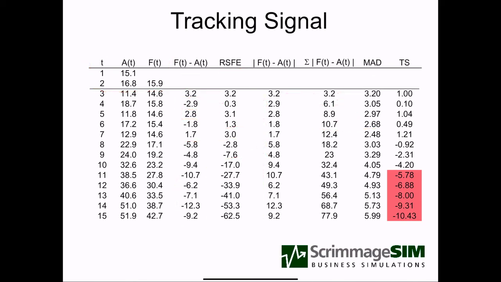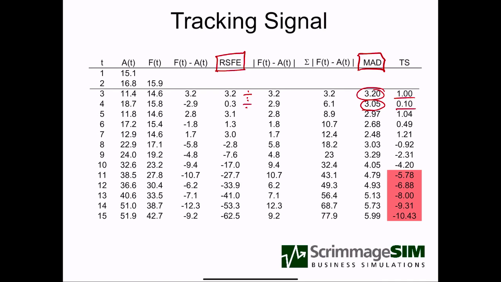The tracking signal is just the running sum of forecast errors divided by the MAD. So we have 3.2 divided by 3.2 gives us a tracking signal of 1. 0.3 divided by the MAD of 3.05 gives us 0.10.